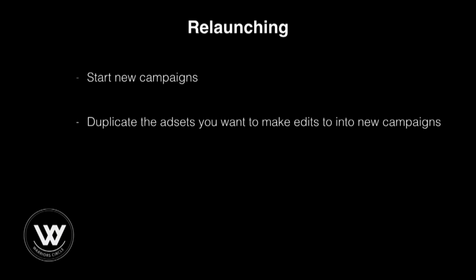So when you duplicate, you're going to have a new ad set with 4 ads inside the new campaign. The only thing you're going to be changing within that new campaign is choosing either only Facebook or only Instagram.